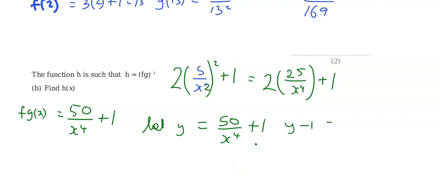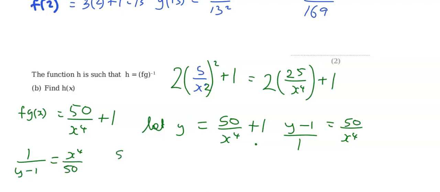Y minus 1 is 50 over x to the power of 4. We need x to the power of 4 on top. Everything can be thought of as being over 1, and so we take the reciprocal of both sides, or turn both sides upside down. 1 over y minus 1 equals x to the power of 4 upon 50.